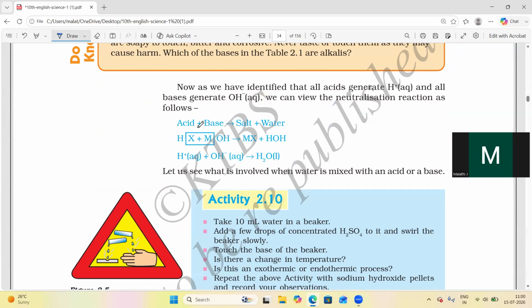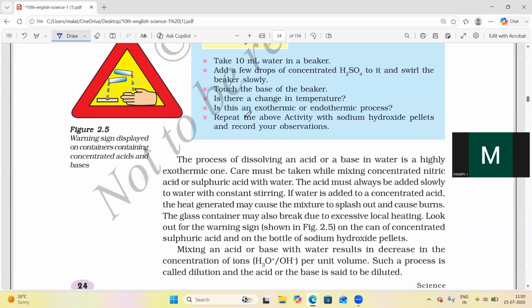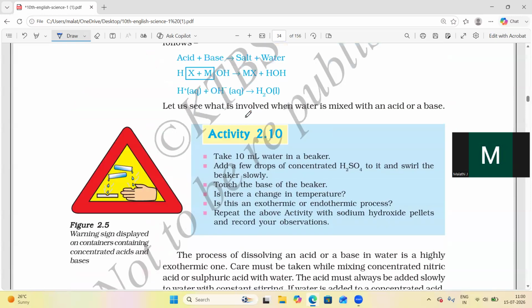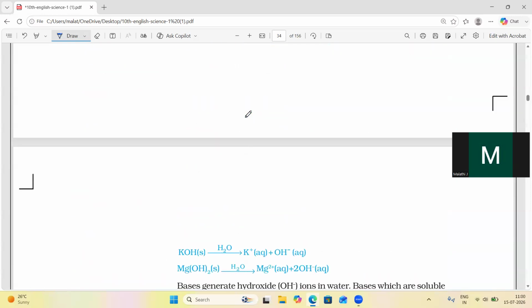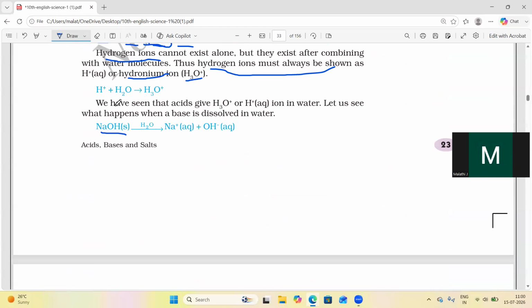Here, when acid reacts with the base, we will get salt and water. That is a neutralization reaction. Mixing of acid into water, or base into water, is called dilution. Dilution means mixing of acid into water.